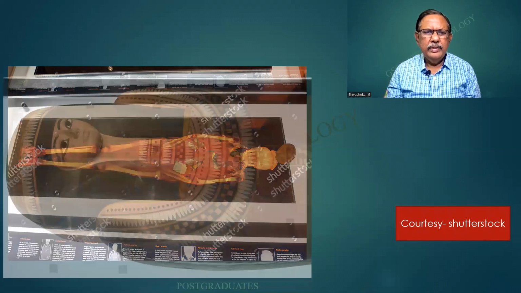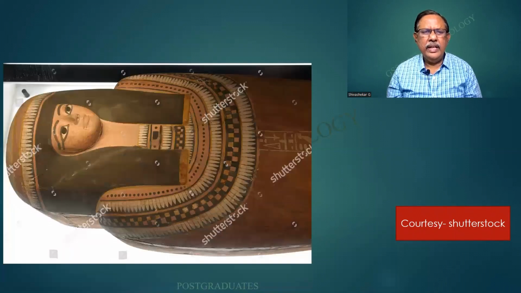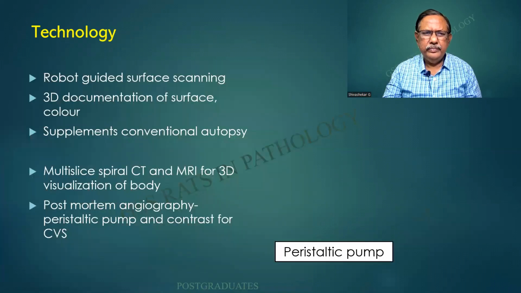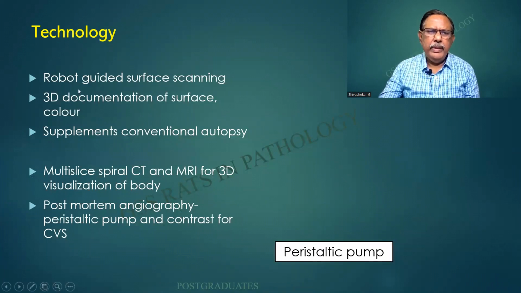And this is the cover that it has been provided with, thanks to Shutterstock. The technology: there can be a robo-guided surface scanning. Documentation of the surface and the color are probable. Sometimes supplements such as conventional autopsy will be needed.